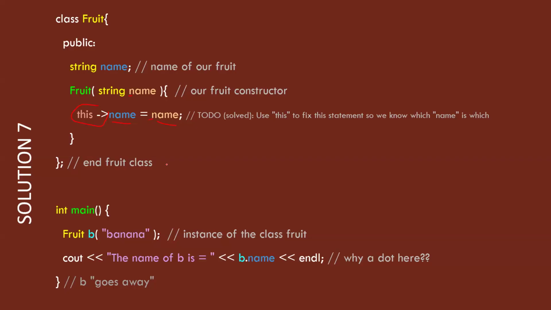Yes. Clarify the difference between this pointer name and this dot name. So we would probably never see a this dot because this is a pointer. And so if we put a dot after it in the context of C++, I can't think of a situation where we do that. We could say star this dot that, right? So I think we had that earlier.